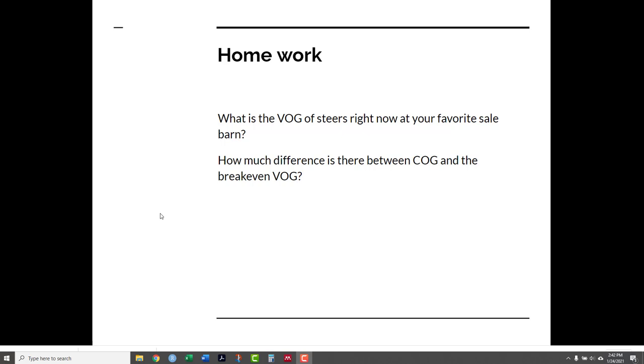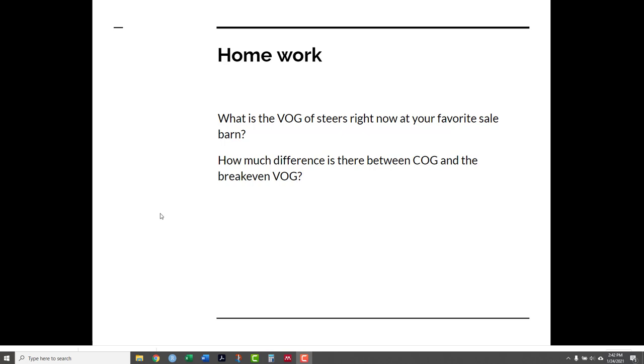So if we were selling pickups, and let's say that you bought a pickup for $10,000 and you had to put a $1,000 set of tires on it. Okay, so you've got $11,000 invested in this pickup. Well, your break-even price to sell that pickup for is $11,000. The pickup's break-even is $11,000. You've got to get $11,000 for it to have zero profit, right? So that's what break-even is.